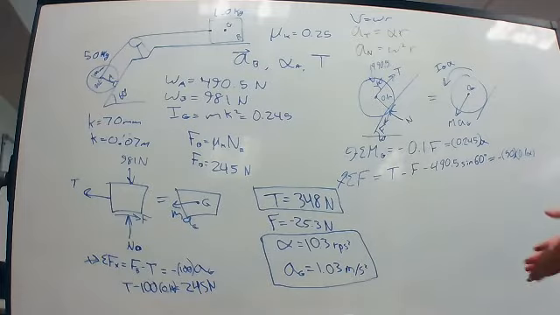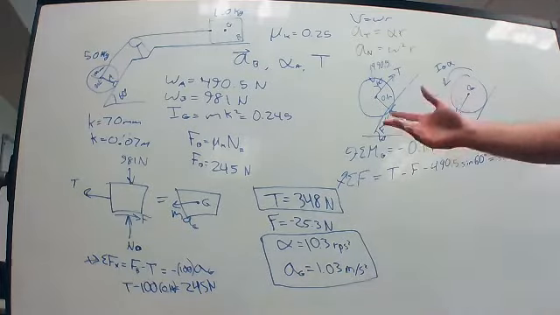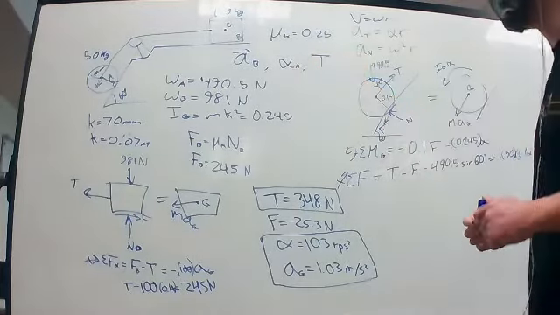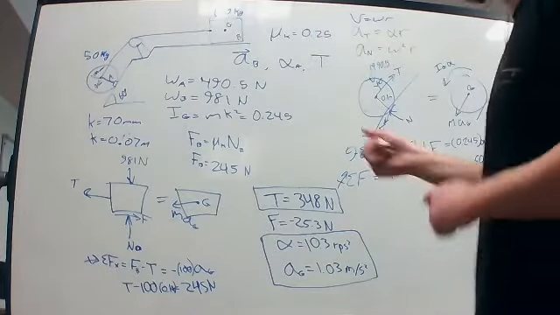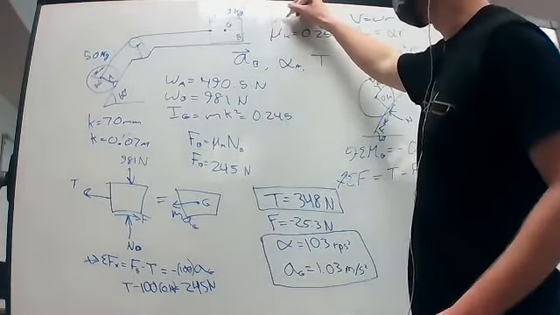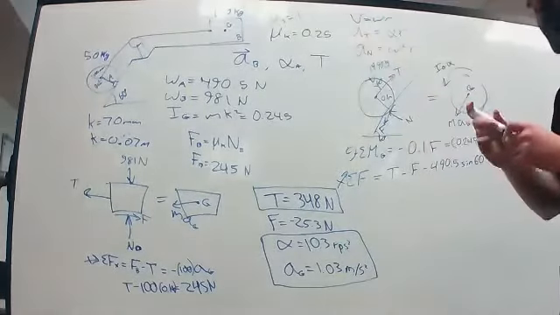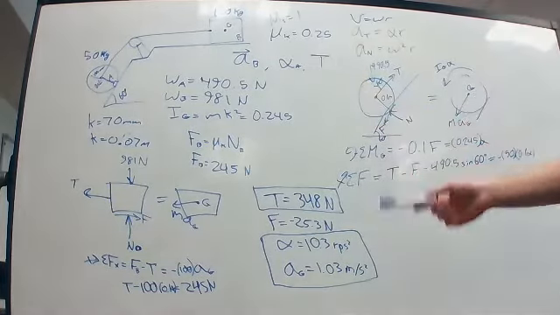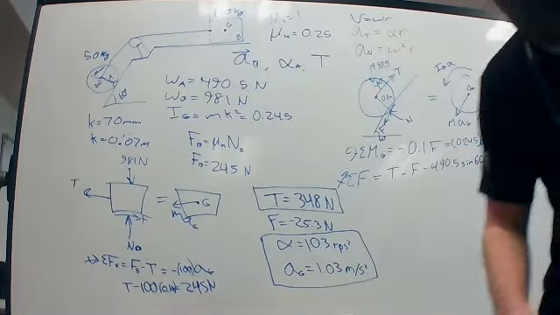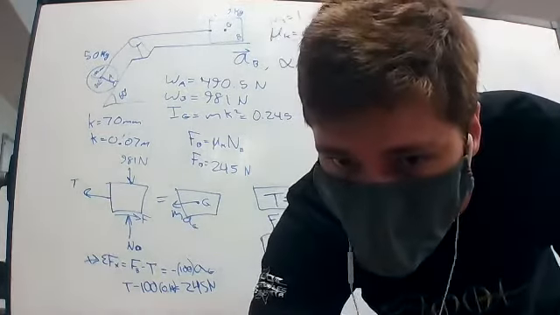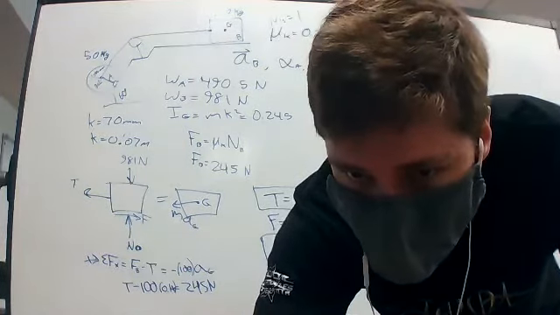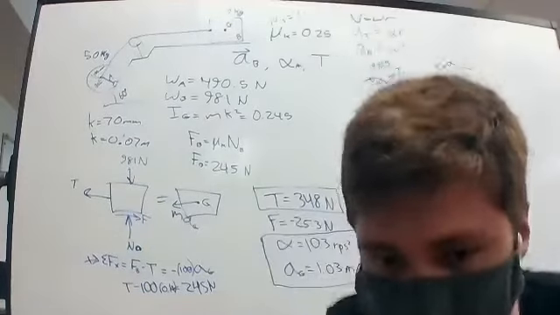Okay, that's a good question. So for this one, we know that we use mu sub k because it's the only one given to us. But for a different problem, let's say they just gave us a random mu sub s value for this problem, you would know that you need to use the mu sub k value, because in this problem it is stated that the system is moving.